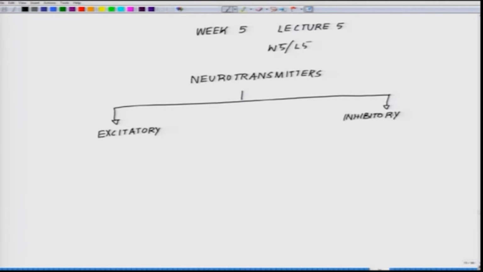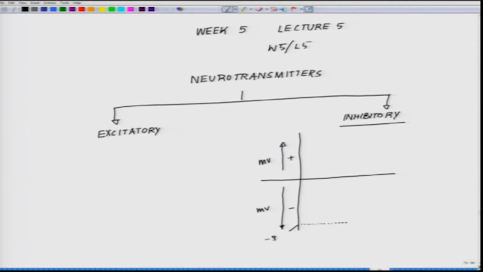Now, what I told you is that if it is an inhibitory neurotransmitter, then if the cell is sitting, say, this y axis is giving you the voltage in millivolt, positive on the top and negative below. The cell is sitting somewhere around here, if I consider this as minus 80.